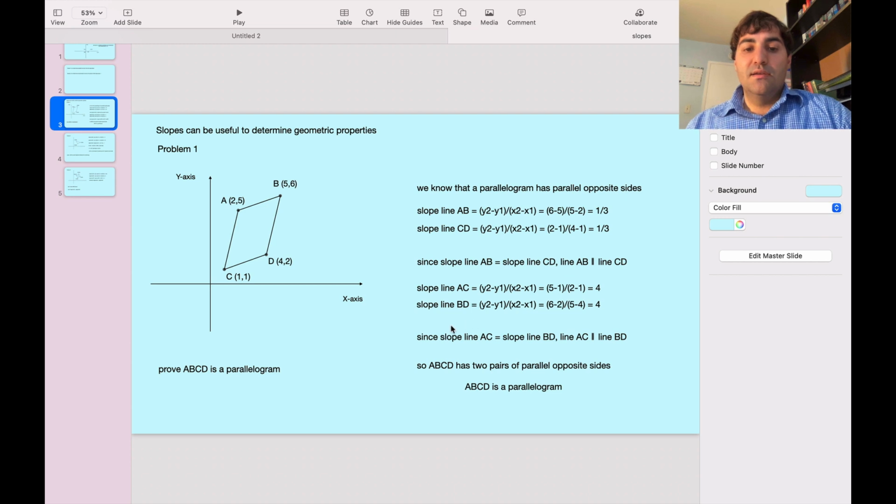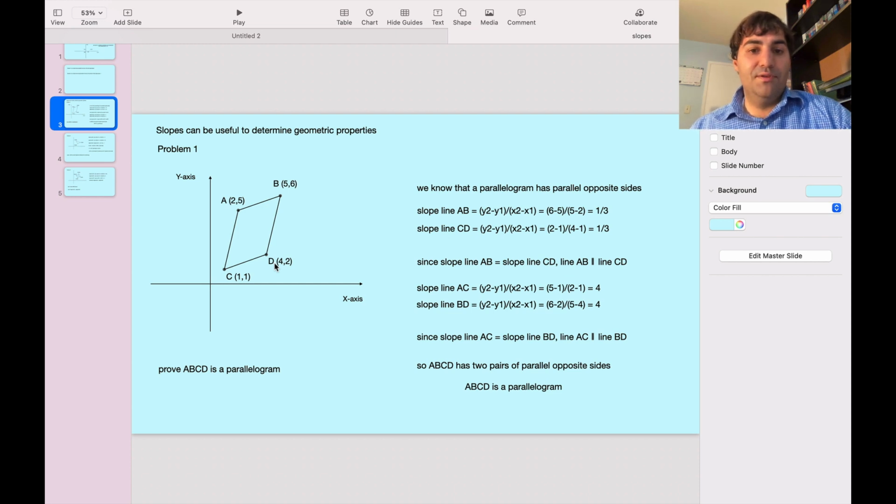So since the slope of line AC is equal to the slope of line BD, line AC is parallel to line BD. In this case, this quadrilateral ABCD has two pairs of parallel opposite sides, so it is a parallelogram.